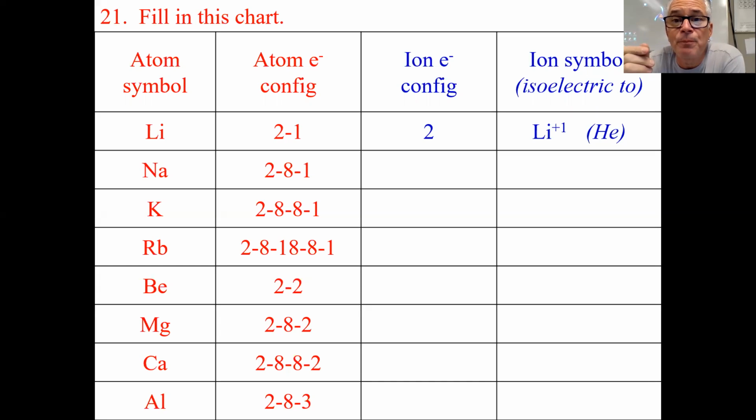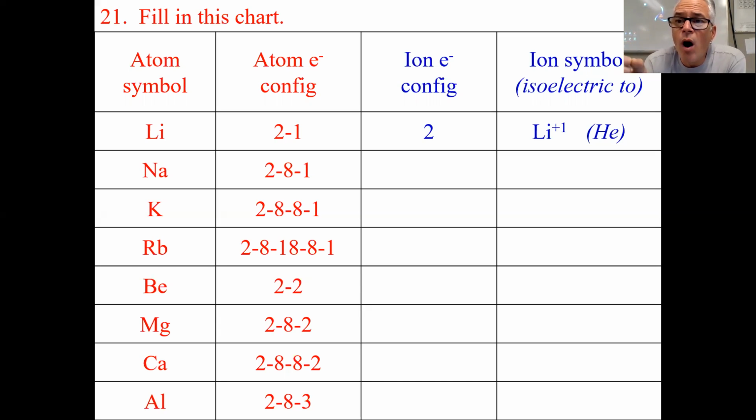Lithium's the first example. What does it say? The atoms are in red. Electron configuration right on a periodic table, 2-1. When it becomes an ion, it's a metal. It's going to lose electrons. It's going to lose 1 electron, become an ionic configuration of just 2. The symbol is going to be Li plus 1 and becomes a positive 1 ion. And in parentheses, what does that He mean?